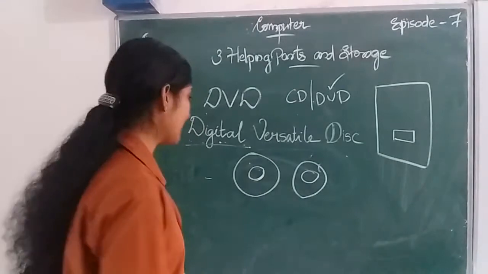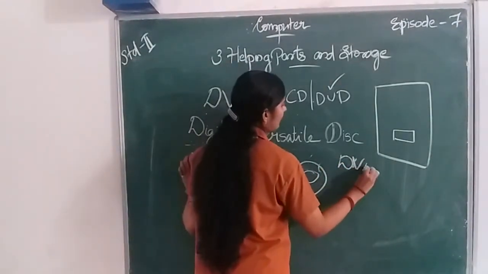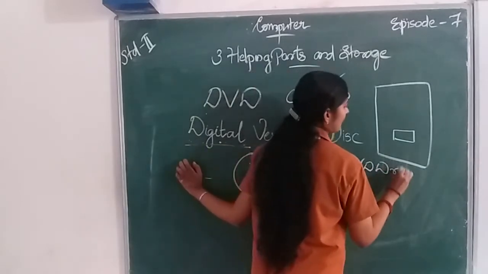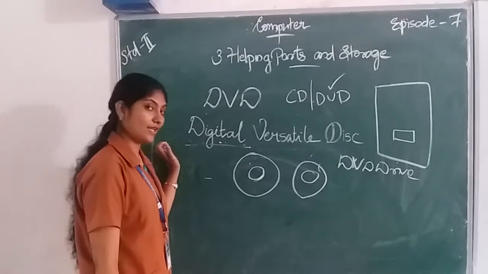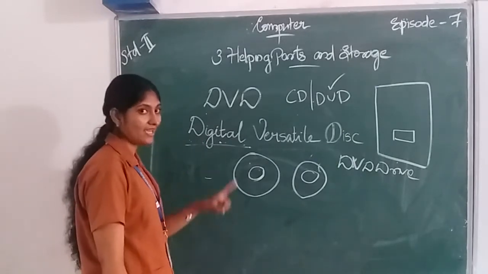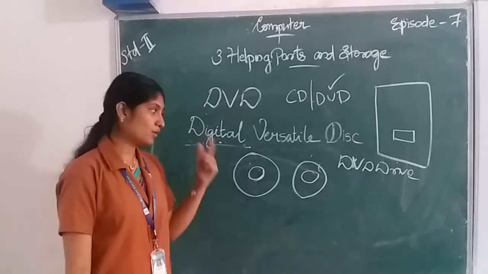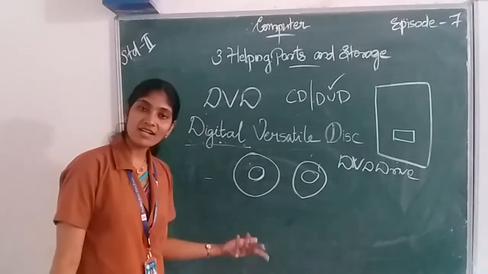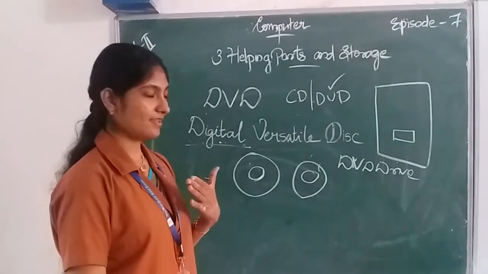In the same way, we need a DVD drive to read the data on the DVD. We need a CD drive to read CD data, and we need a DVD drive to read the data recorded on DVD, right?